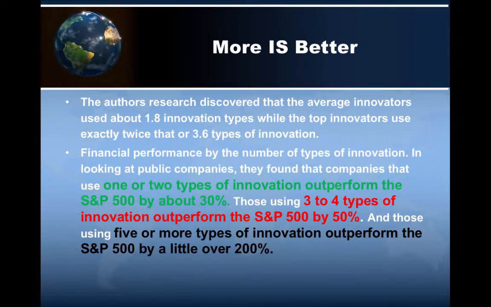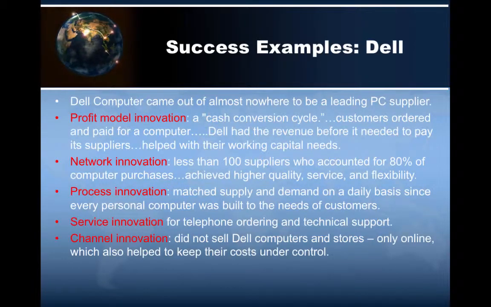A lot better. And those using 5 or more types of innovation outperform the S&P 500 by a little over 200%. So is it clear that when you use more types of innovation and integrate them carefully and they meet customer needs, that you can achieve better results? You bet your life.